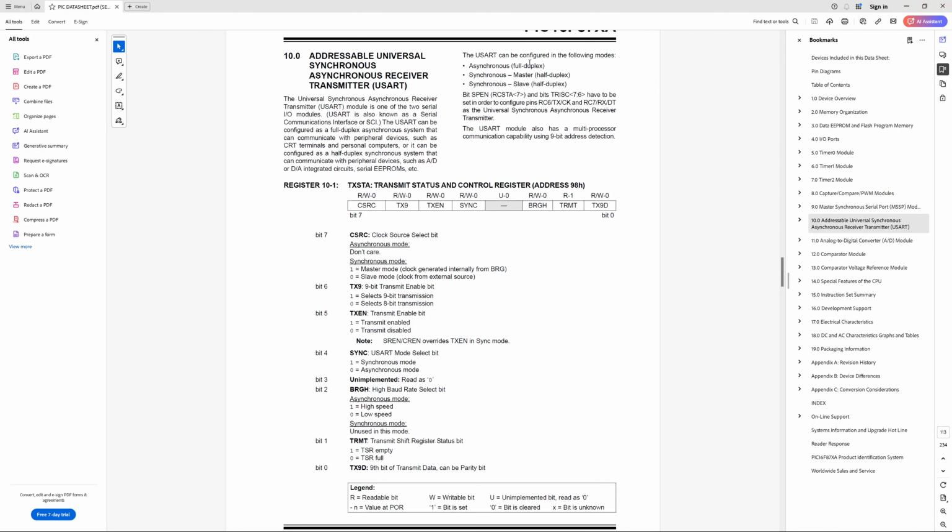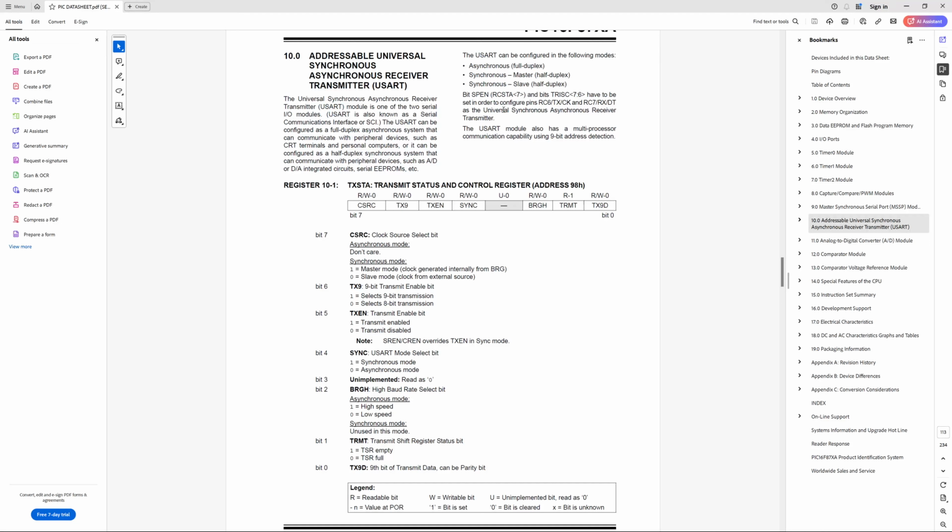They are telling it can be configured as full duplex asynchronous, synchronous master, or synchronous slave. The SPEN bit of the RCSTA register has to be set in order to configure the RC6 and RC7 pins. They are telling about the registers.